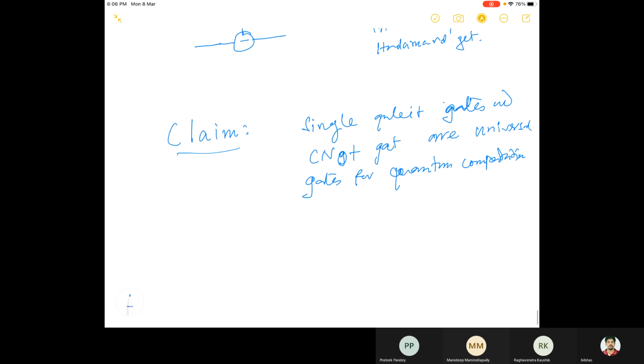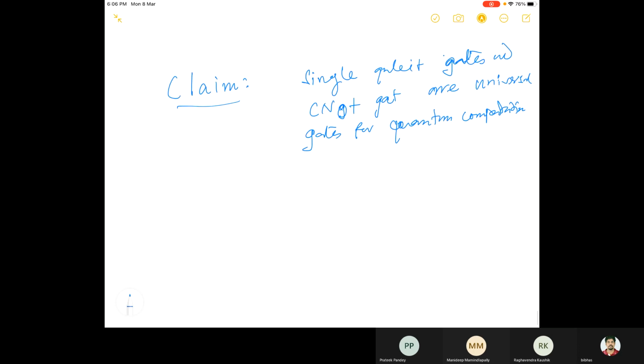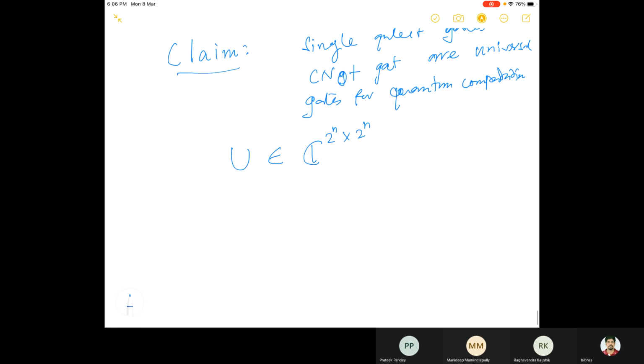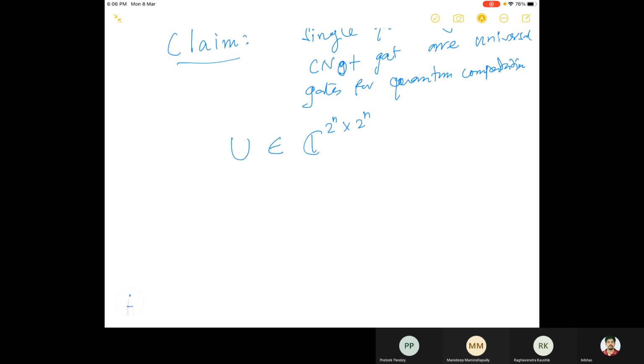So what I mean by universal gates for quantum computation, let me first give you a roadmap of how we can show that these form universal gates, meaning any unitary operation. So if you have some U in C to the power 2 to the power n times 2 to the power n, a unitary matrix of order 2 to the power n by 2 to the power n, then I want to use only 1-qubit gates and the CNOT gate to implement this U in terms of a circuit.